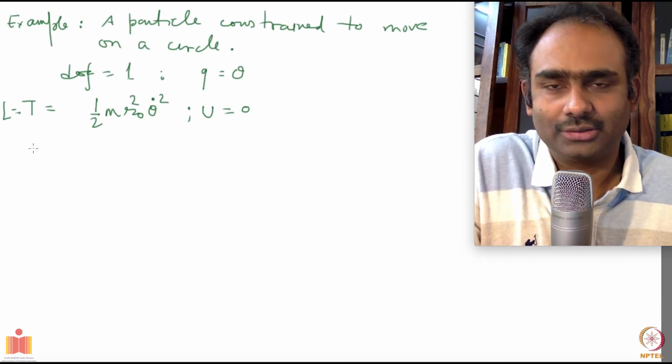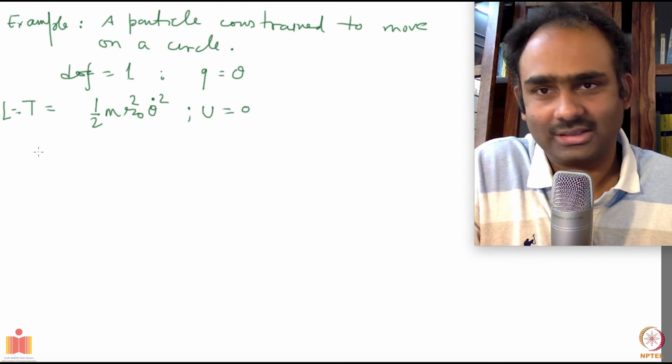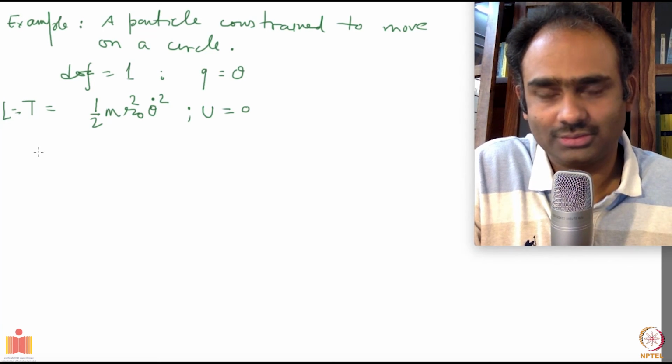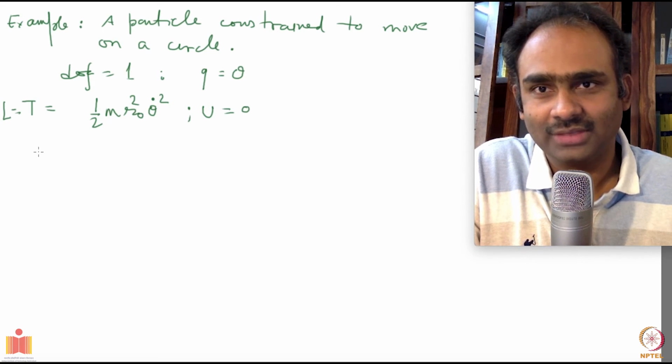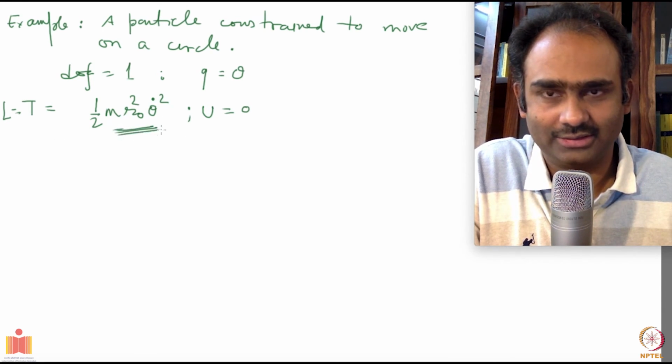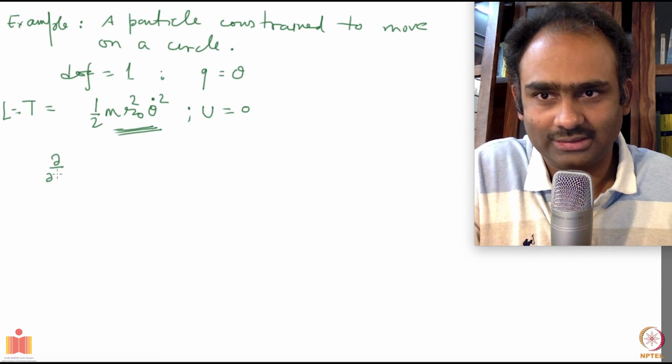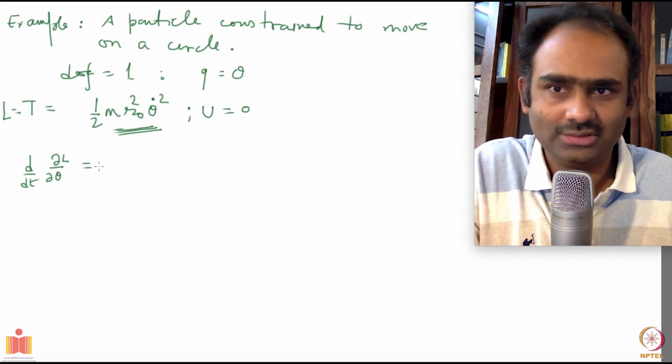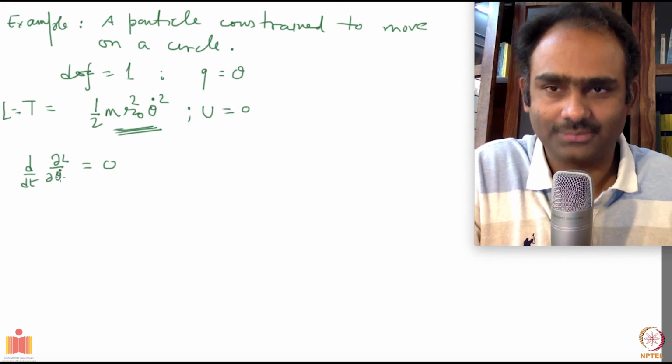So let's write down the equations of motion. It's only one. There's no r involved in this, so only theta. So del L over del theta is 0. There is no theta in the Lagrangian, there is only theta dot. So I have d over dt of del L over del theta dot equals 0.